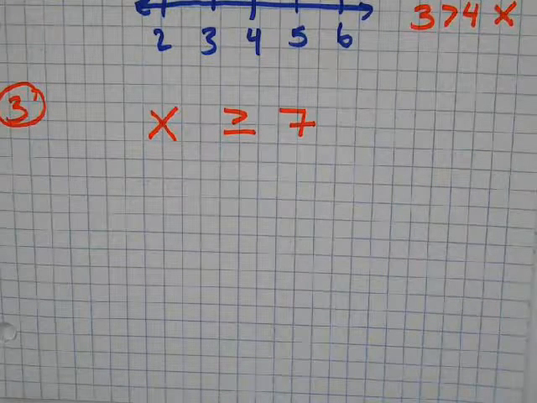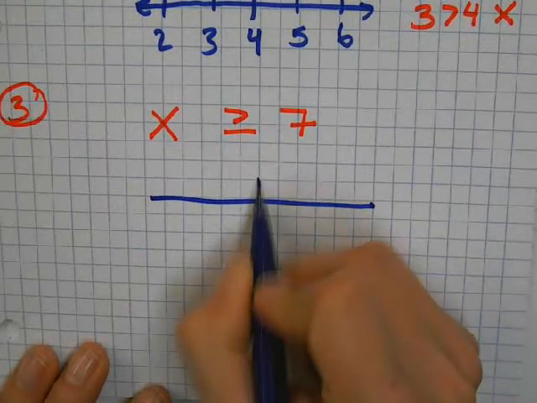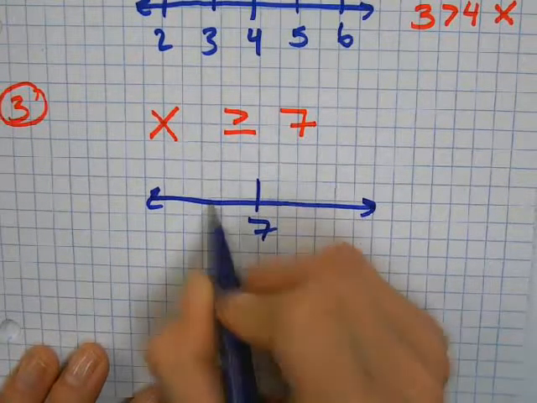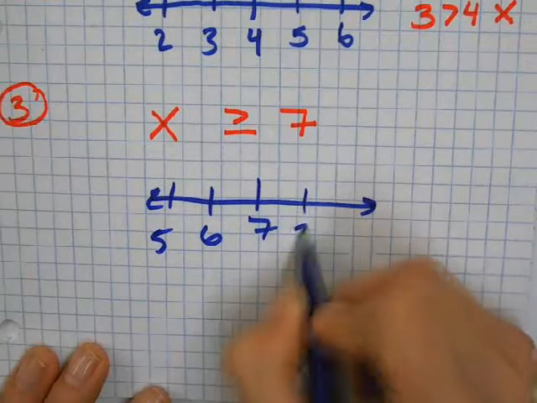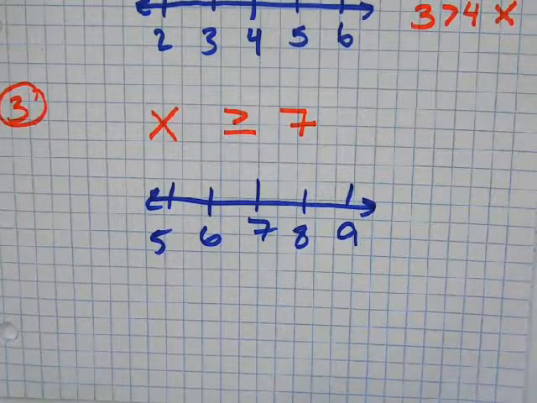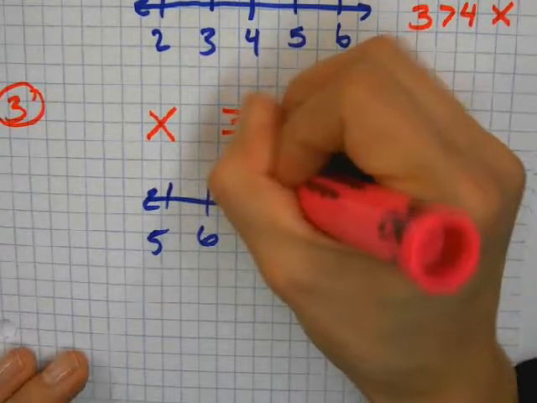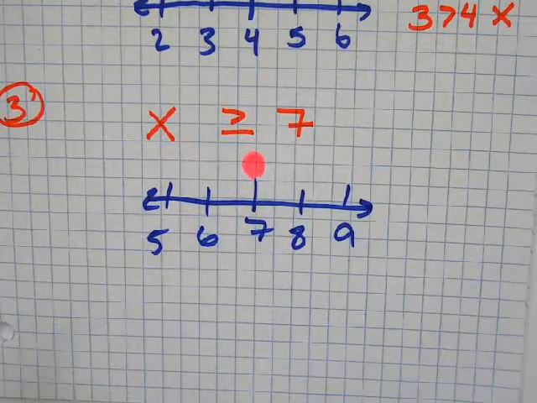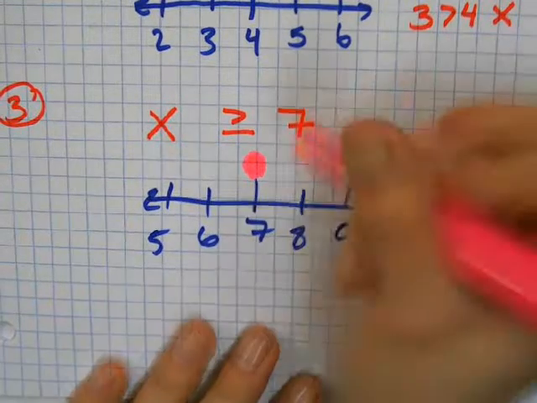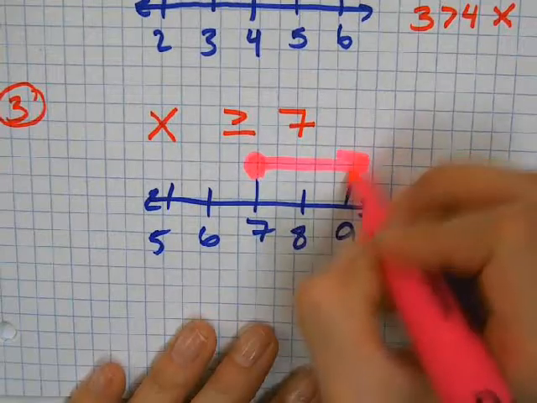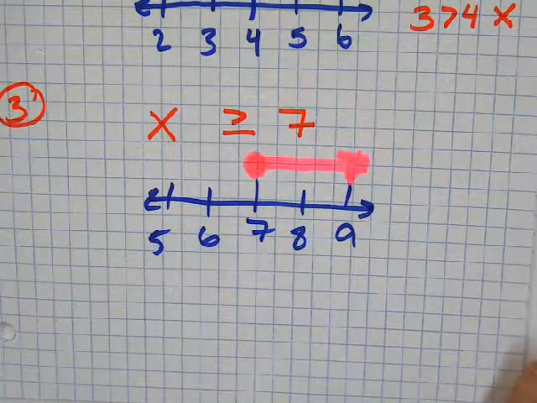Okay. Did you put 7 in the middle? Then 6, 5, 8, 9. Open or close circle? Close. Which way did you shade? Left or right? Right. How many of you guys got that right? Good. Very good.